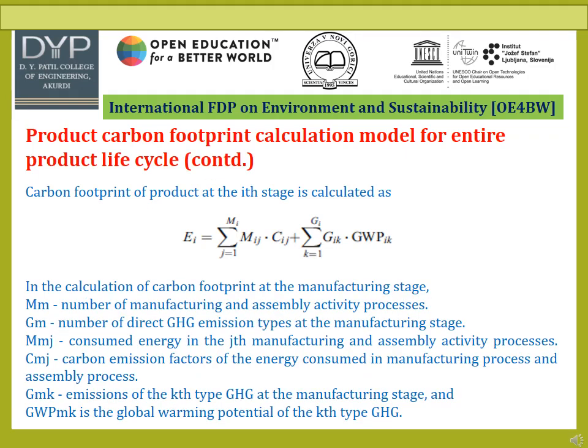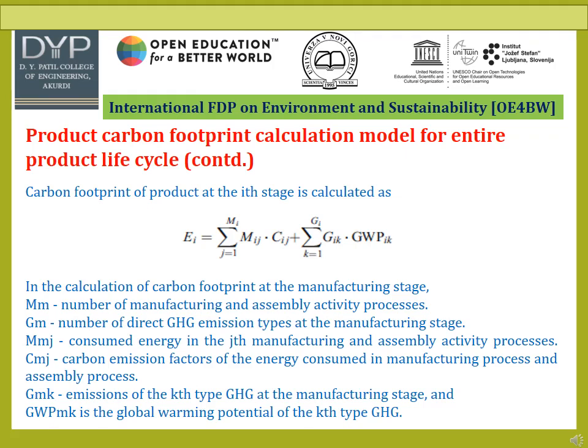Now the same formula we are going to use to calculate the carbon footprint of the product at the manufacturing stage. So we are going to replace the term i with the term M. So MM will represent the number of manufacturing and assembly activity processes. GM will represent the number of direct greenhouse gas emission types at the manufacturing stage.